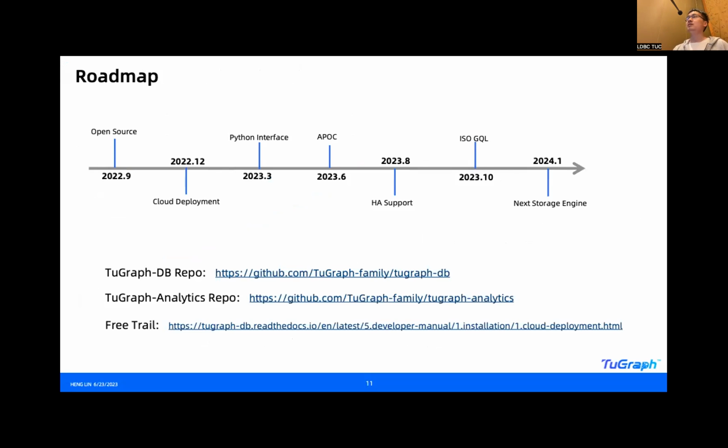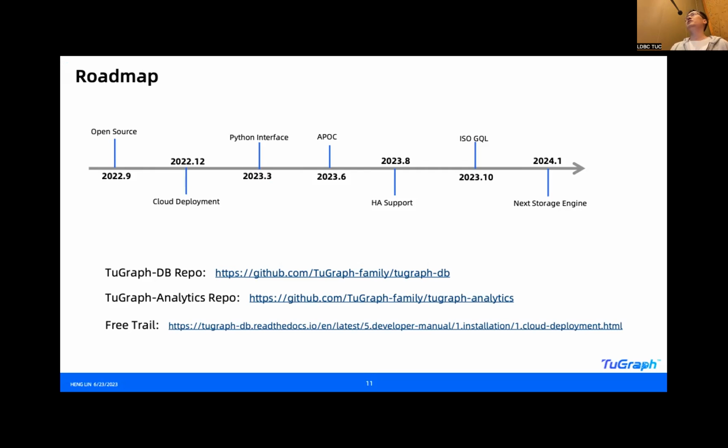And here are some details of TuGraph's implementation, and this is a roadmap for TuGraph. We open sourced last year, did cloud deployment, and have a Python interface. This month we just did the same thing as epoch in Neo4j.